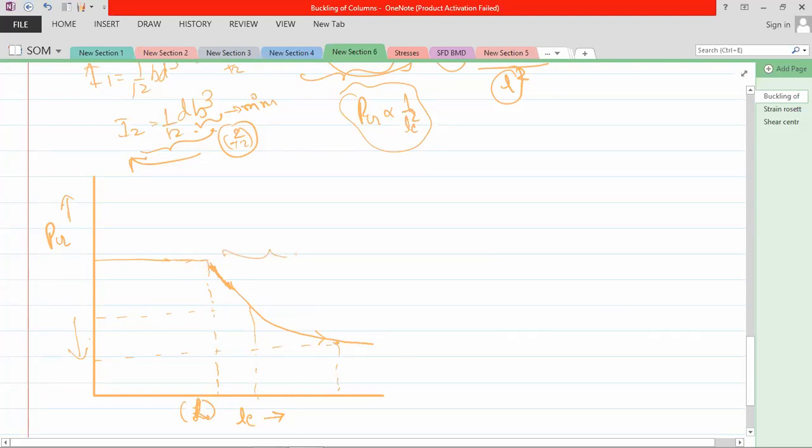This is the portion where Euler buckling is applied, and this is the portion where compressive force, meaning crushing stress, applies. Crushing failure will apply. This is your limiting point. After that, Euler buckling is applied, and before that, crushing failure is applied.